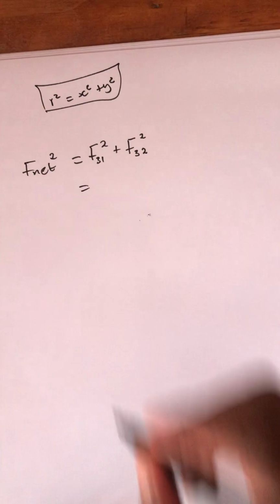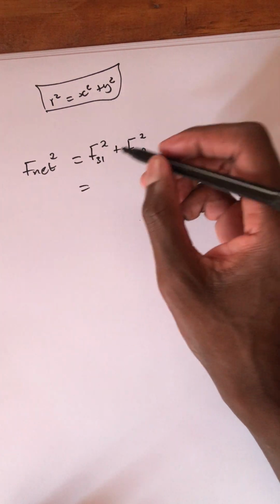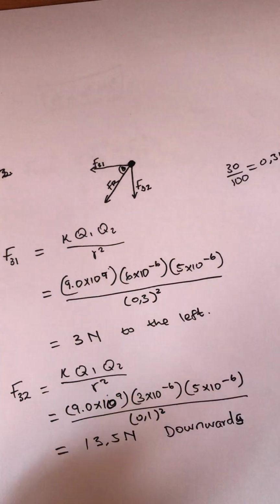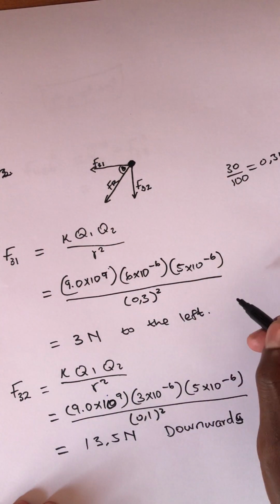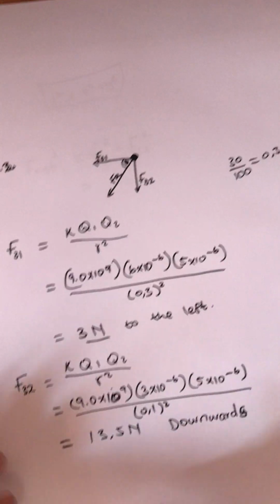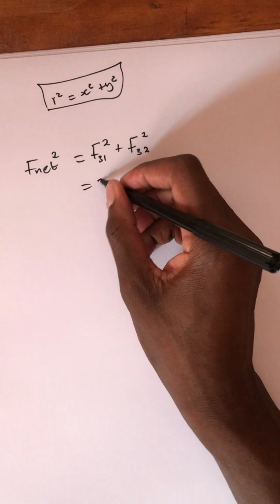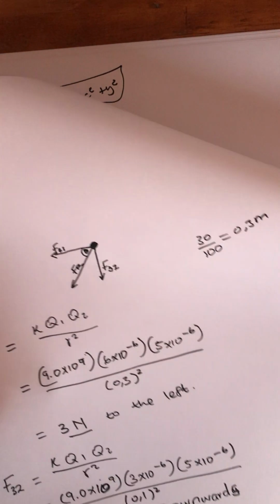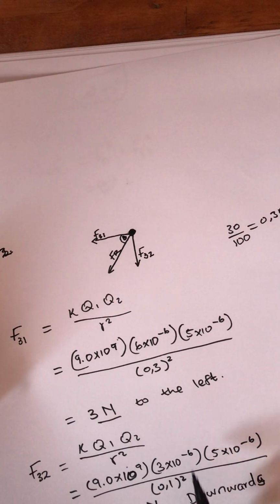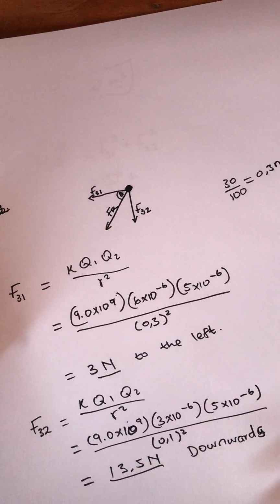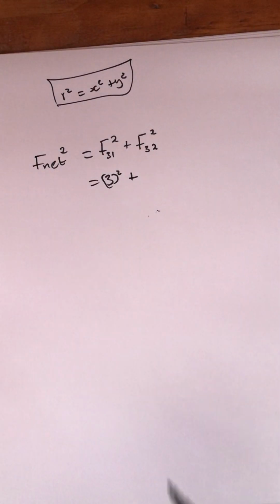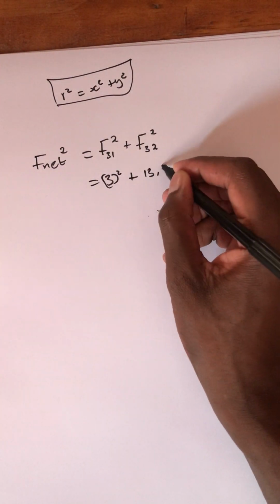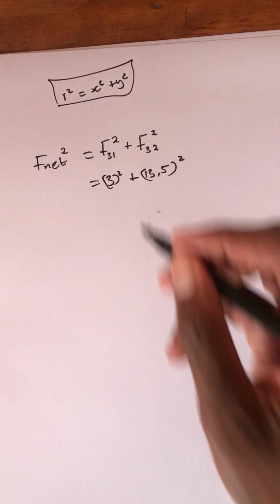So now, the 3 on 1, we got 3 Newton. So this will be 3 squared plus the 3 on 2, we got 13.5, all squared.